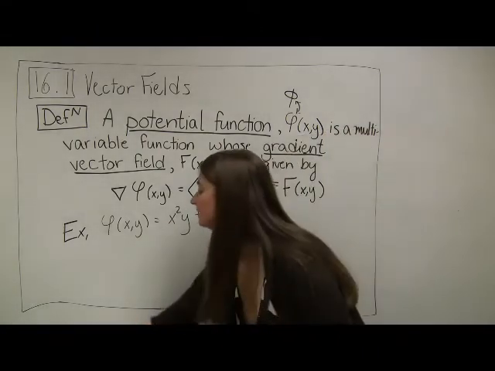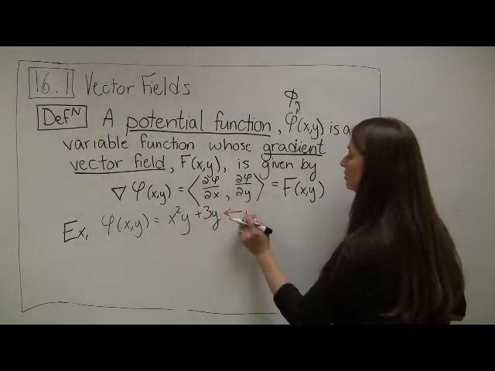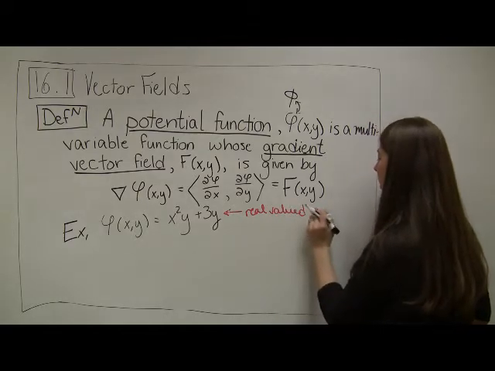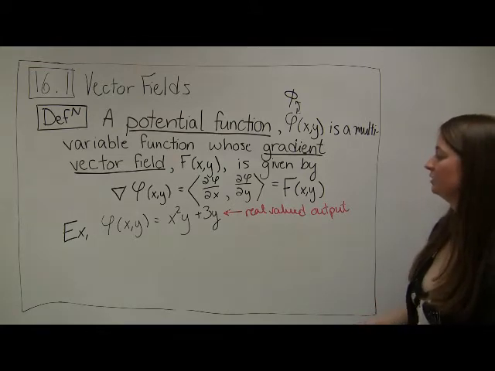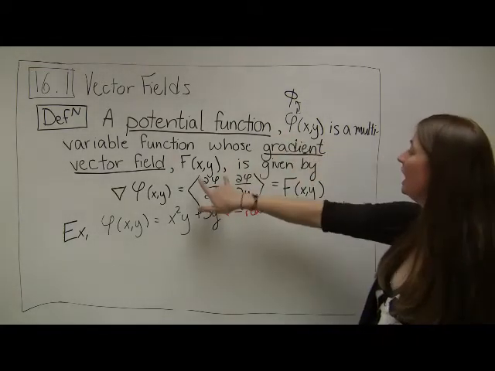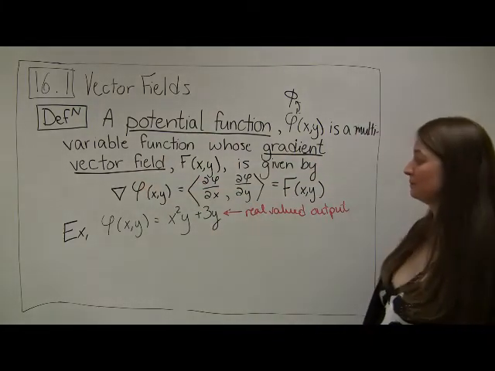I'll write that maybe in this other color, because we want this to be a real valued output. Potential functions always have real valued outputs. And now, if I have this as my potential function, I can find out what is the gradient vector field that's generated by this potential function.